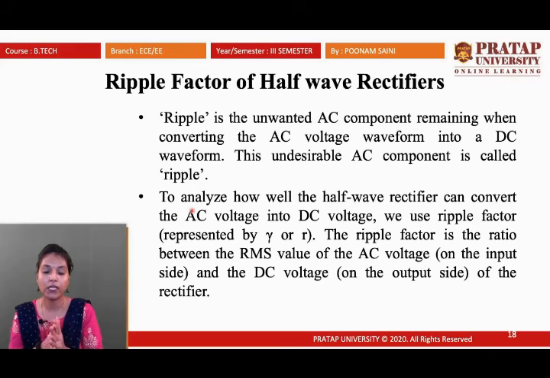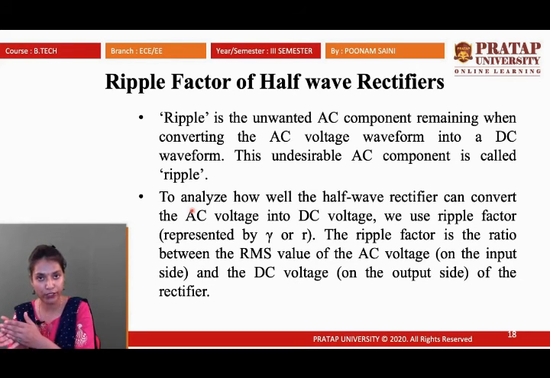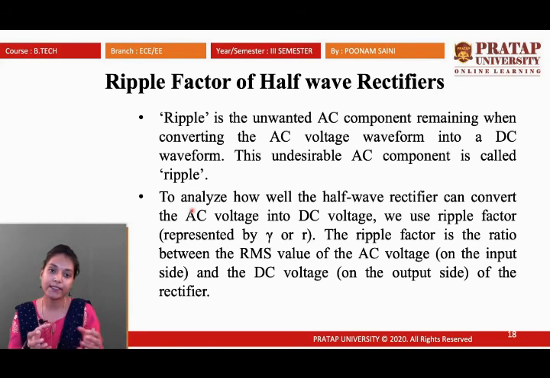What is ripple factor? Ripple is the unwanted AC. When we convert an AC voltage or current into a DC voltage, there are some ripples. The unwanted AC component is coming from input to output. That AC component is known as the ripple.